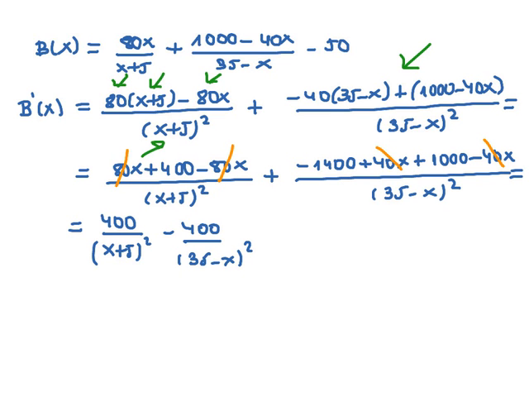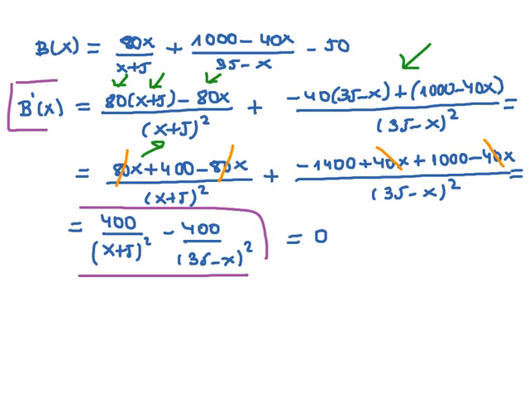Doing the calculations, I get that the first derivative of B is this function. To calculate the critical points, I make this equal 0.